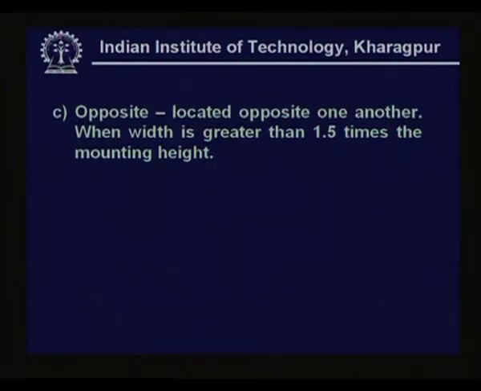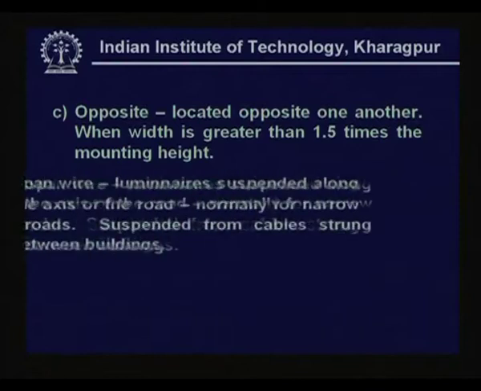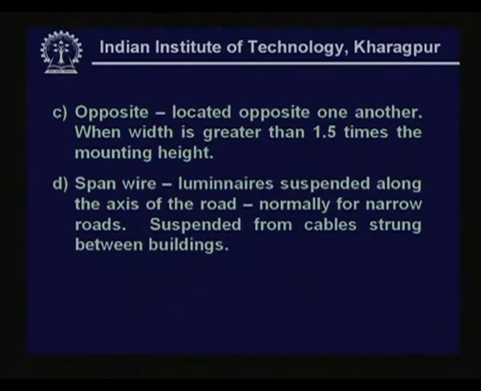The third is located opposite one another in wider roads like avenues, when the width is greater than 1.5 times the mounting height; we locate lamps on opposite sides. The fourth arrangement is what we call the span wire arrangement, basically suspended.